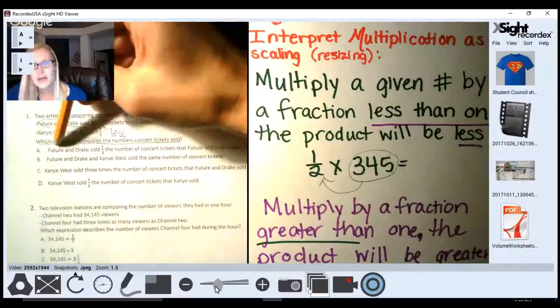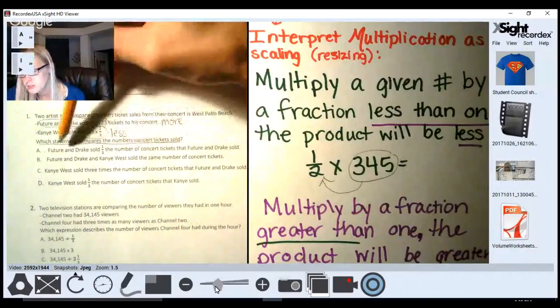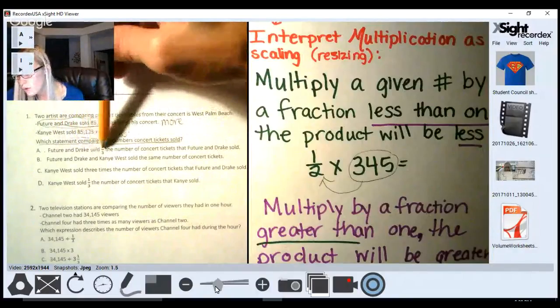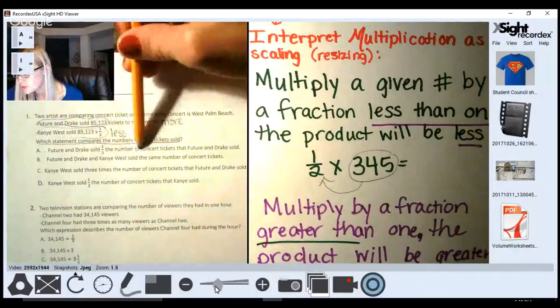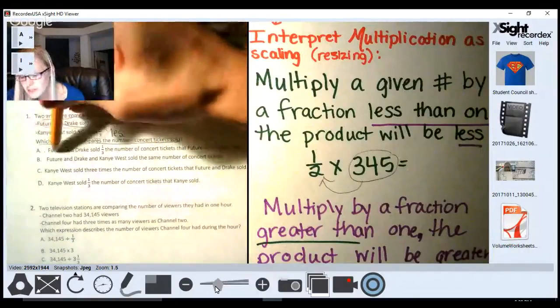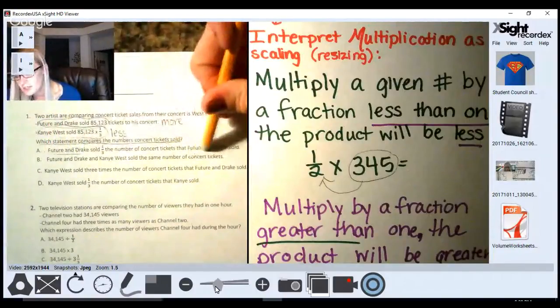So I'm going to go through now, and I'm just going to read my answer choices. Letter A says Future and Drake sold 1/3 the number of concert tickets that Future and Drake sold. Okay, so that doesn't make sense, and here's why. This says Future and Drake, and this says Future and Drake.